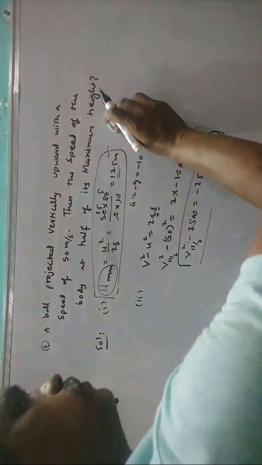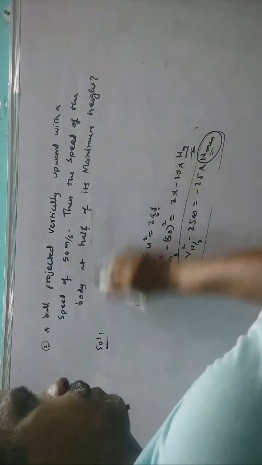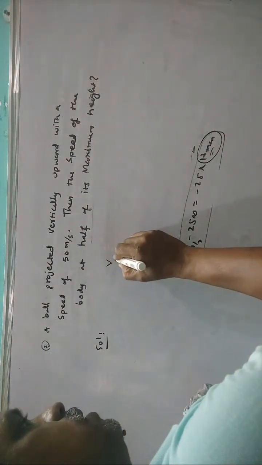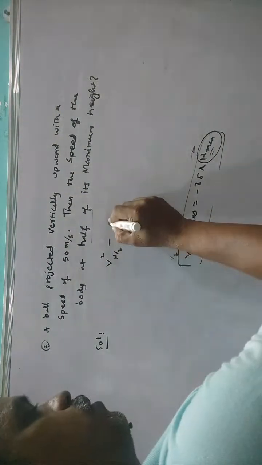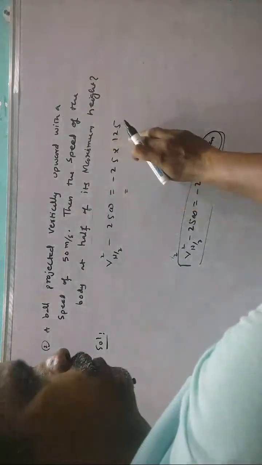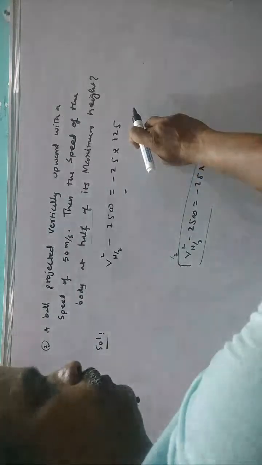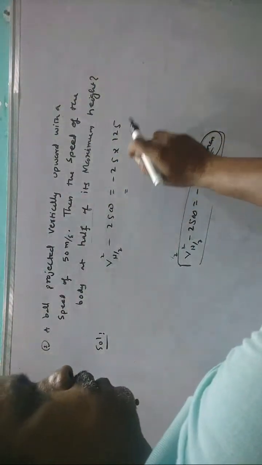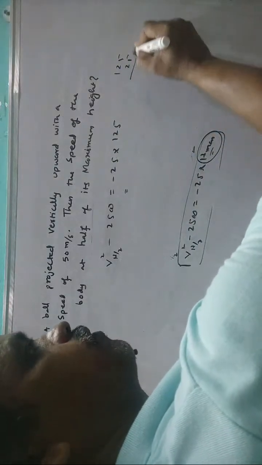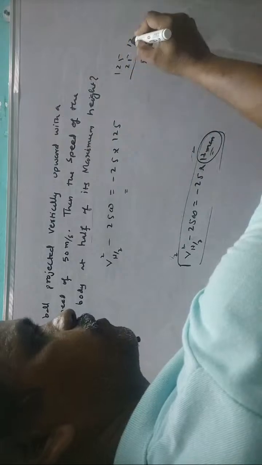For this we use velocity at h maximum by 2 square equals 2500 minus 25 into 125.